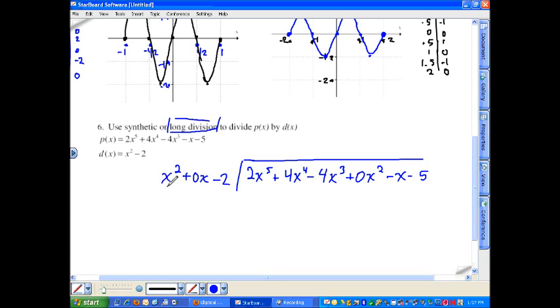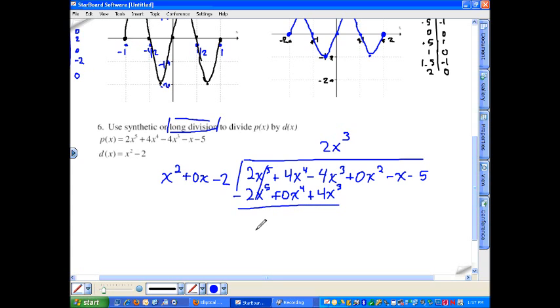In long division, you're focusing on leading terms going into leading terms here. So x squared into 2x to the 5th can go 2x to the 3rd times. So 2x to the 3rd multiplied throughout the divisor is going to be 2x to the 5th plus 0x to the 4th minus 4x to the 3rd. Draw your line, change the signs.